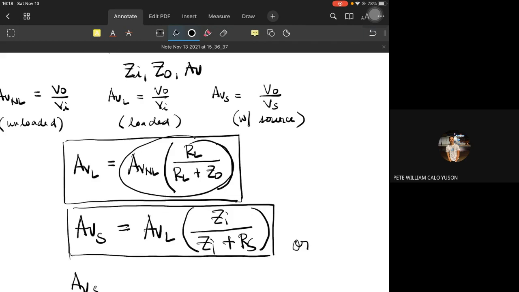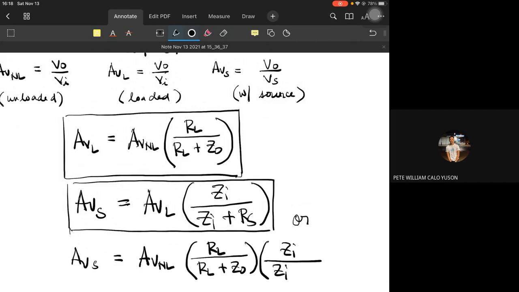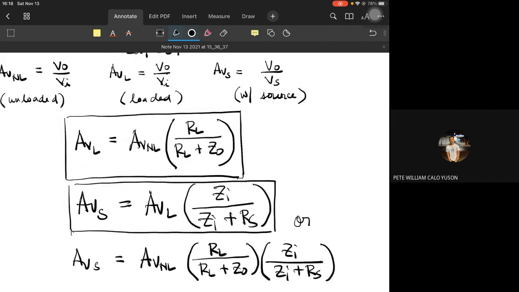So we have a formula for AVS that is a function of AV and L. AVS is equal to AV and L times RL over RL plus ZO, times ZI over ZI plus RS.